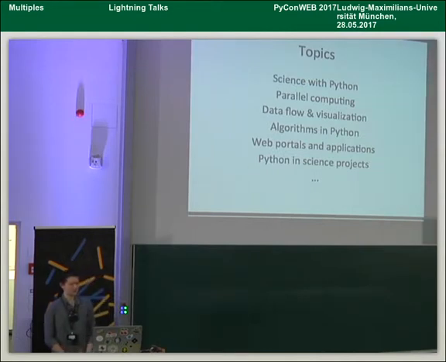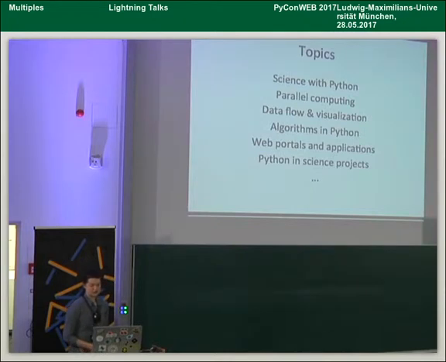Now, the interesting part, what are the topics? Well, generally, the Euro SciPy is about how you can use Python for science. A few interesting things are parallel computing, especially if you have big data. Parallel computing can help you with faster performance.